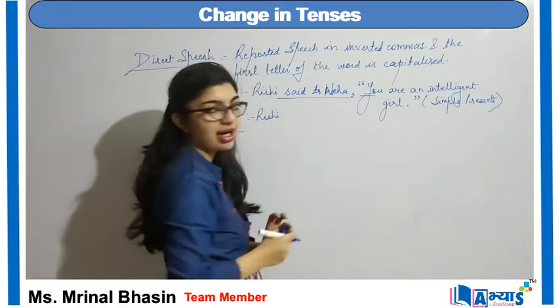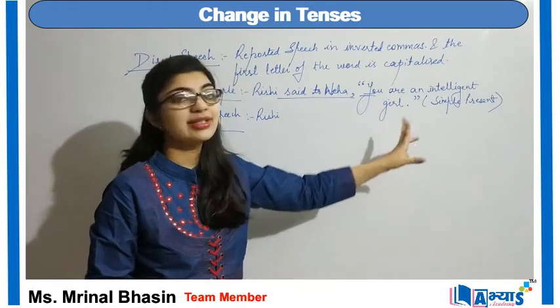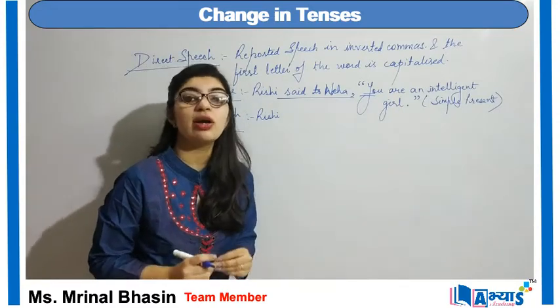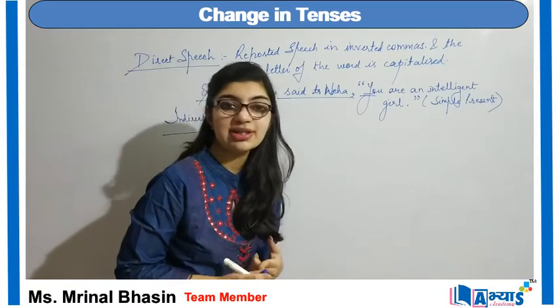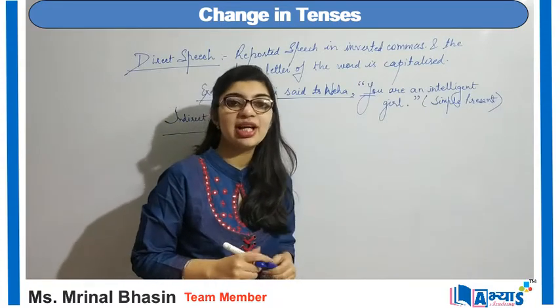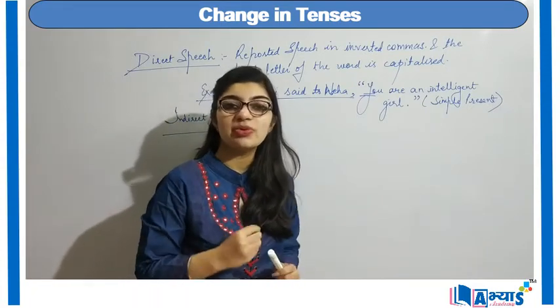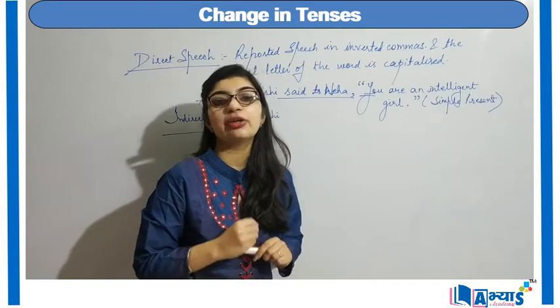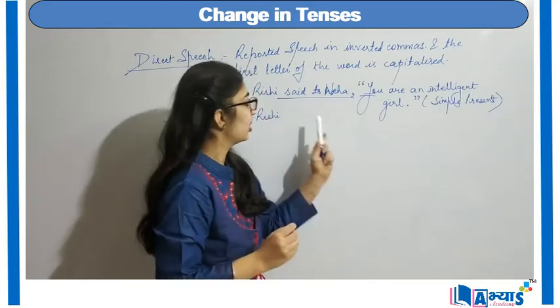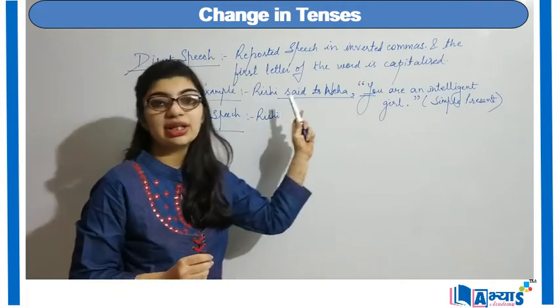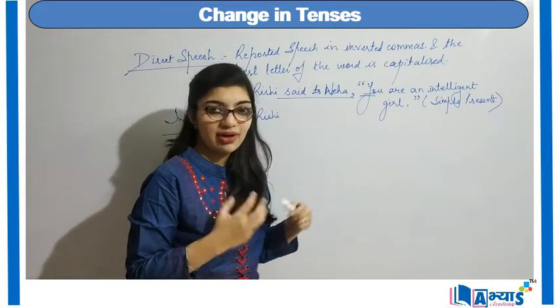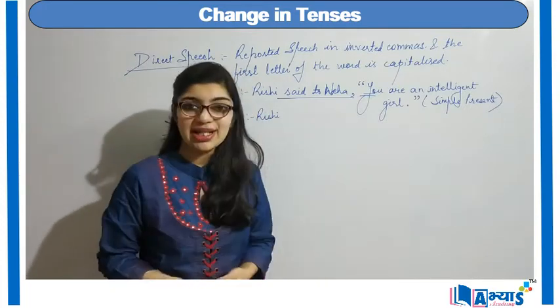Rishi said to Neha, "Now you are an intelligent girl," which is basically a compliment that we are giving someone. Compliment means that when you say something nice about someone, that is a compliment, right? So here Rishi is saying something nice about Neha. He is praising Neha.